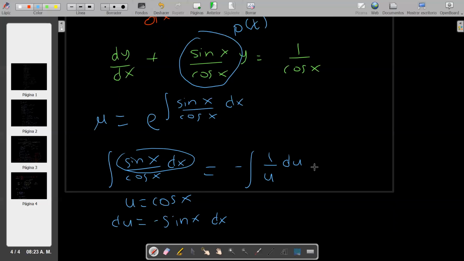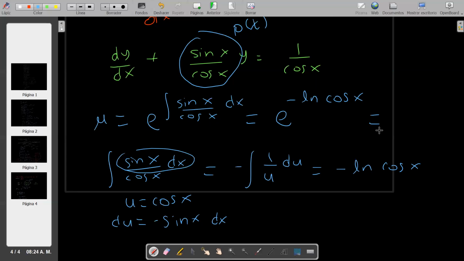We have done our substitution. And this is equal to negative log of u, but u is equal to cosine of x, right? And we find the solution for the integral. So the integrating factor will be e to the negative log of cosine of x.